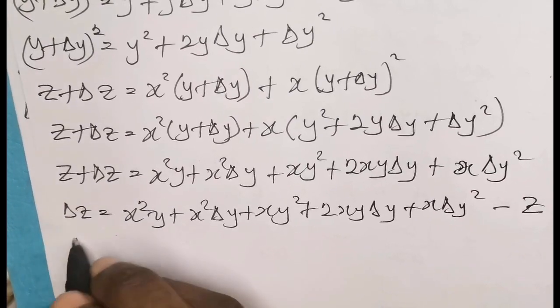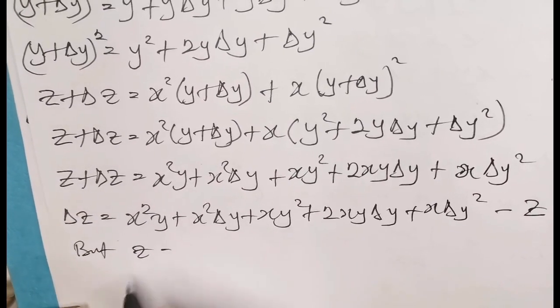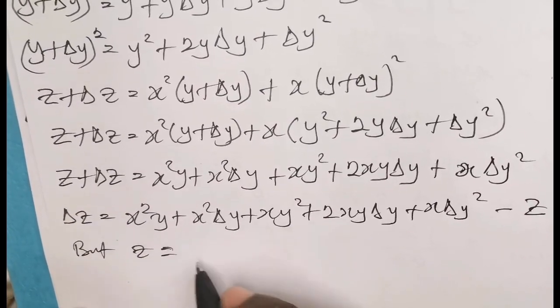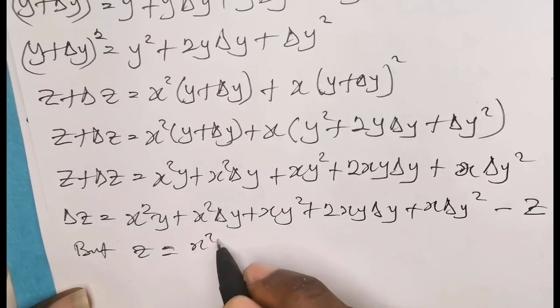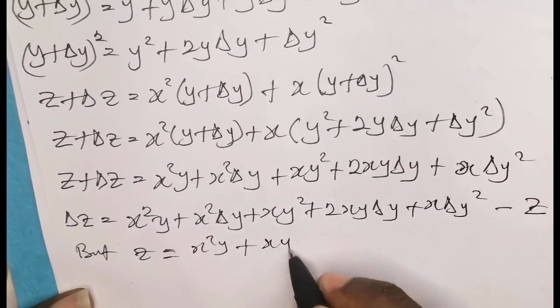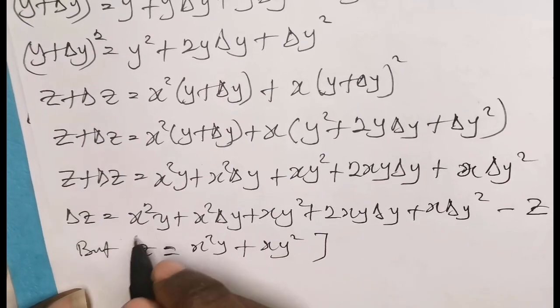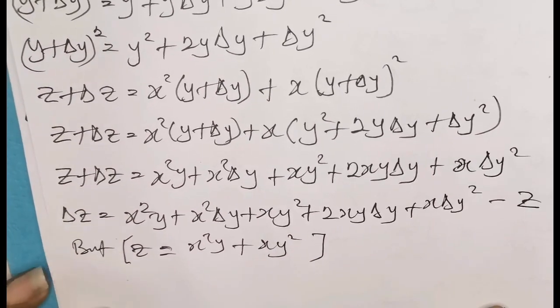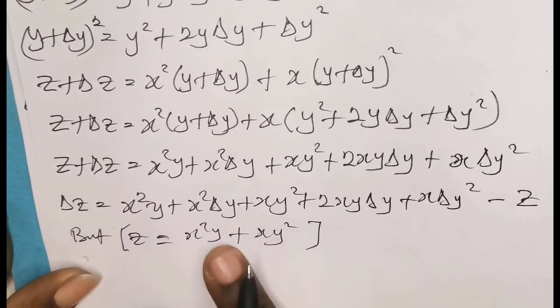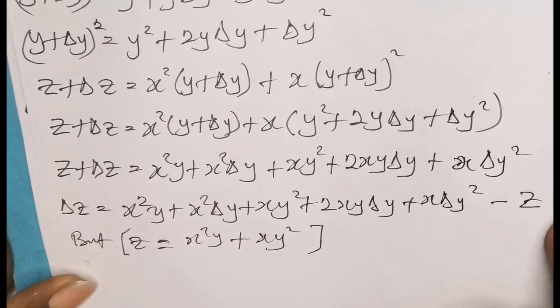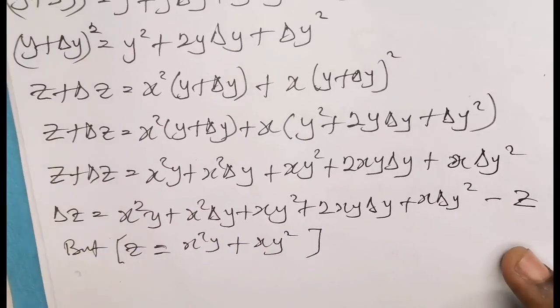Now, I'm not forgetting, okay, but z itself is actually equal to, we said z is equal to x squared y plus xy squared. Okay, this is our value for z. So all we need to do at this juncture is, wherever we see z in the equation, especially in this equation, put in the value of z.